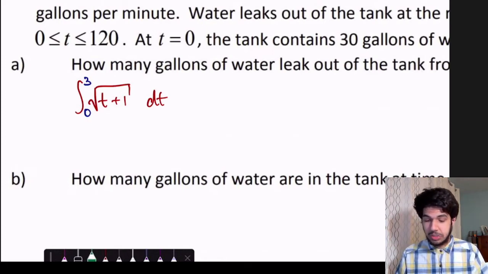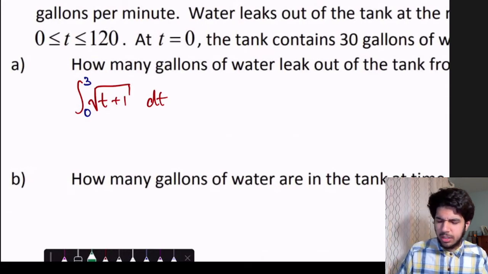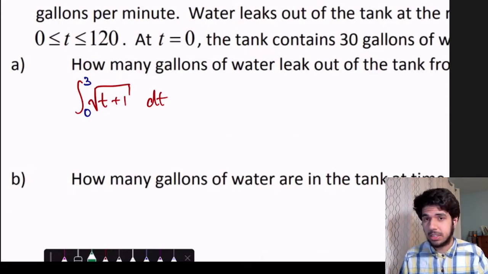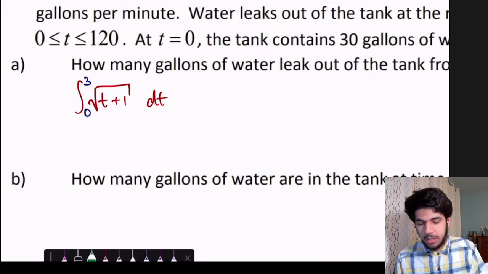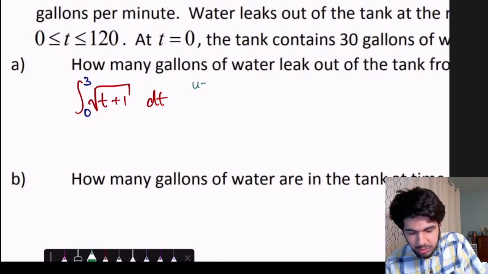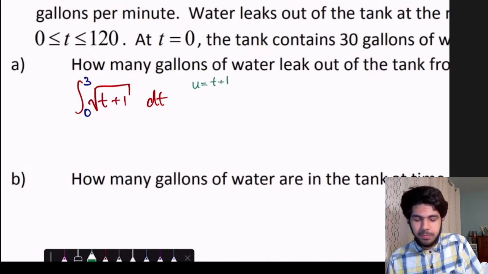So we have to choose a good u here. Choosing the square root of t plus 1 may seem tempting at first, but then you'll realize that once we take the derivative of that, there's nothing left to cancel it with. So what happens if we just let u equal t plus 1?